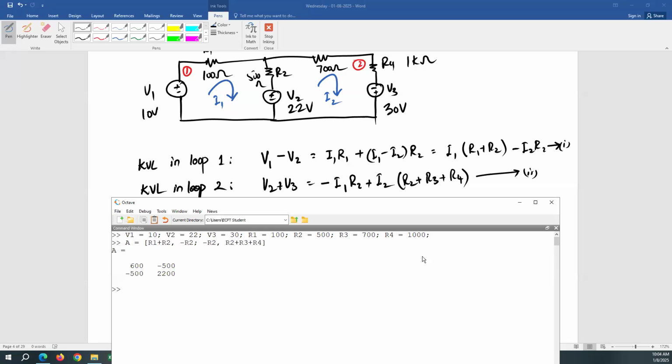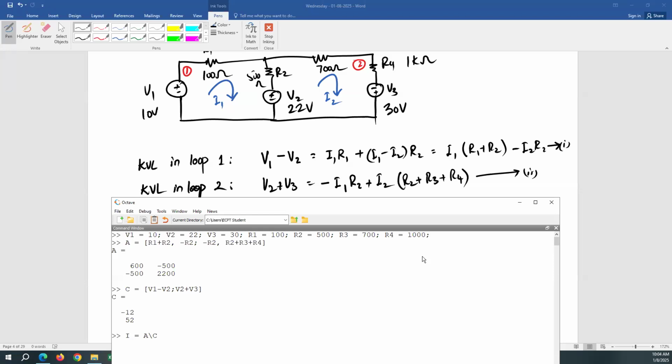My constant vector on the other side is V1 minus V2 in the first row, and V2 plus V3 in the second row. That's my constant vector. Now all I need to do is use matrix inversion and calculate the current.